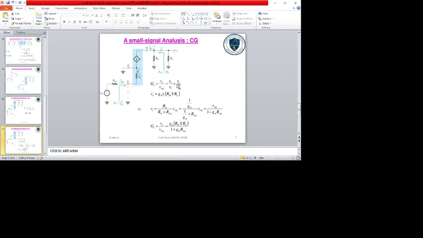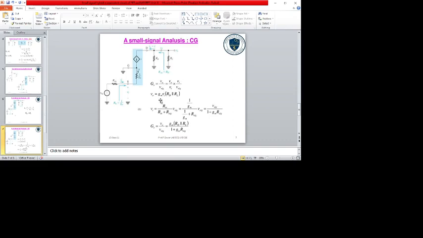So the input gain factor is VI by V signal. Then the output gain factor is V0 by VI. For this small signal model, the input is VI, the output is V0. So the ratio between these two is the gain factor of the output stage. So the gain factor of the entire network is V0 by V signal.